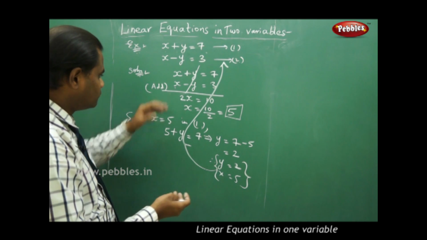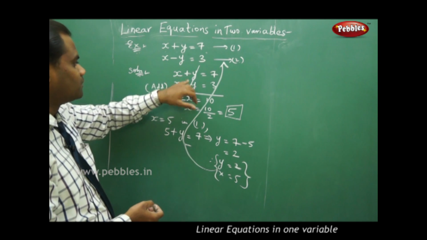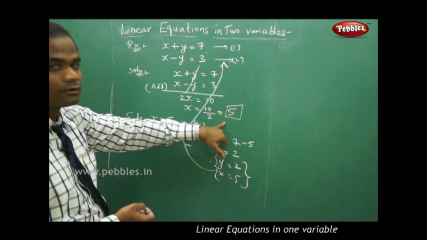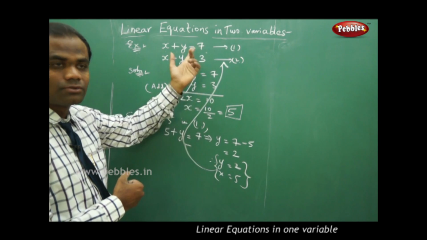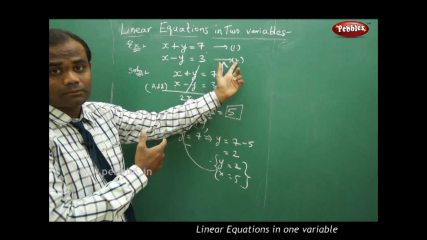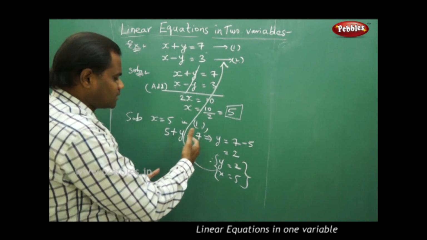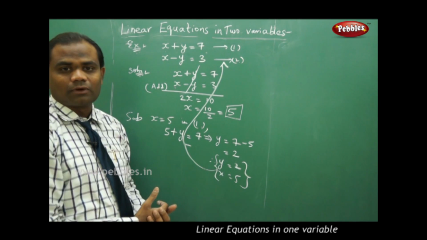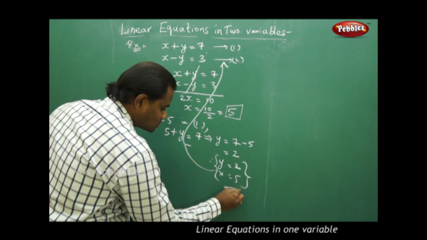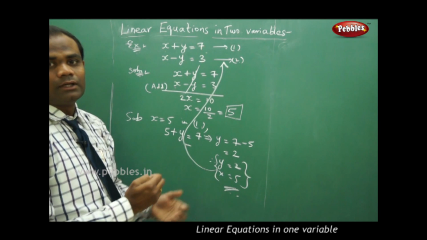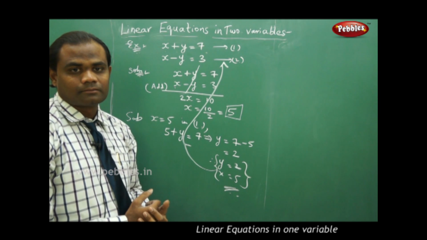We either add or subtract and find one of the variables, and that variable is substituted in either equation 1 or equation 2, and the next variable is found, and this is the solution of the given set of linear equations.